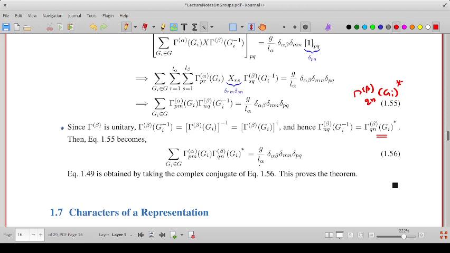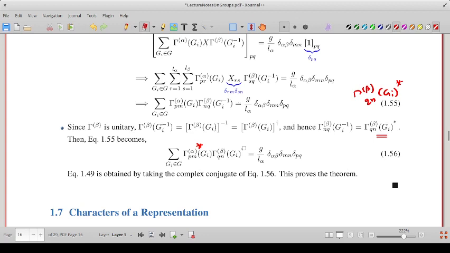G is a number, L alpha is an integer. These are all real numbers. So if I take the complex conjugate of this equation, the right hand side remains the same. And if I take the complex conjugate of the left hand side, I will have a star here, and the complex conjugate of a complex conjugate is the quantity itself. So the star will be gone from this.